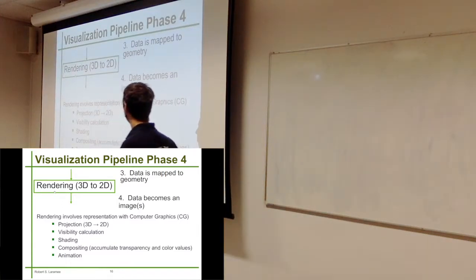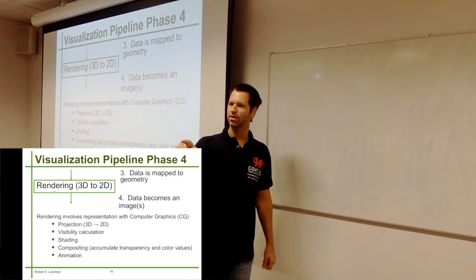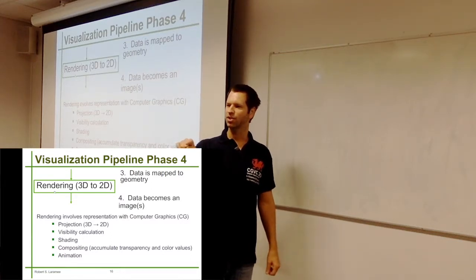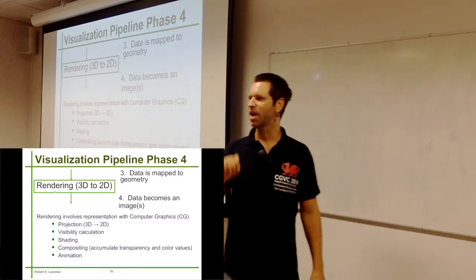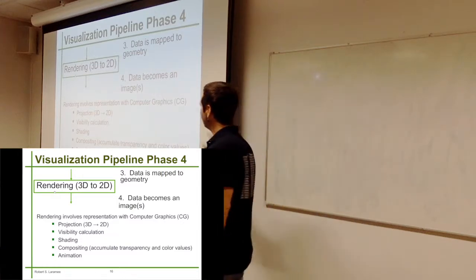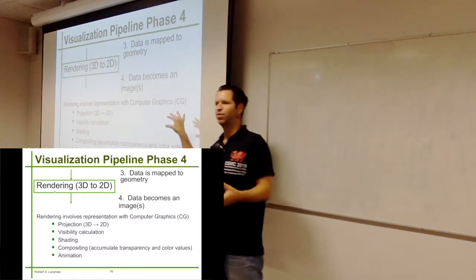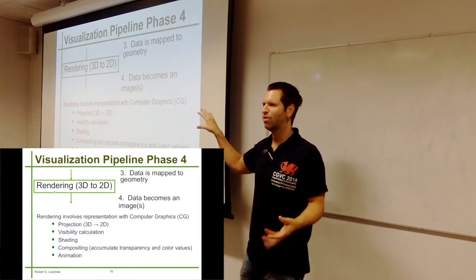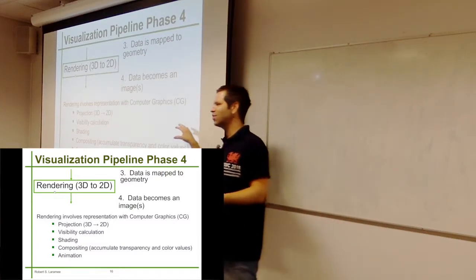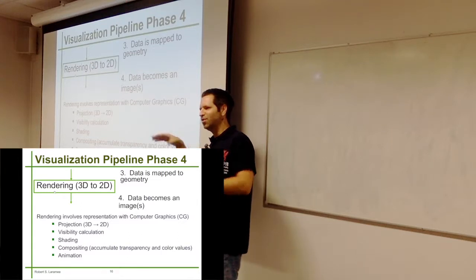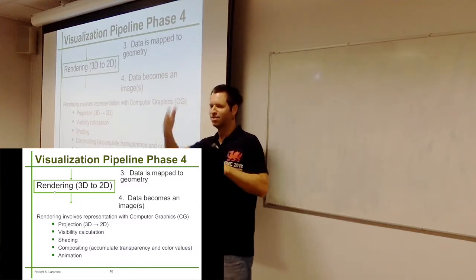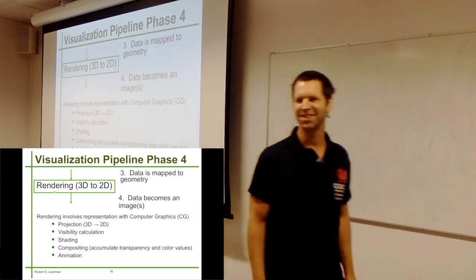There could be something like compositing. And like Sam asked, animation. Your results could be animated somehow. That's all computer graphics, and you're all experts in computer graphics already, I think, because you all took the computer graphics module. So you should be like, yeah, finally, that part's going to be so easy.